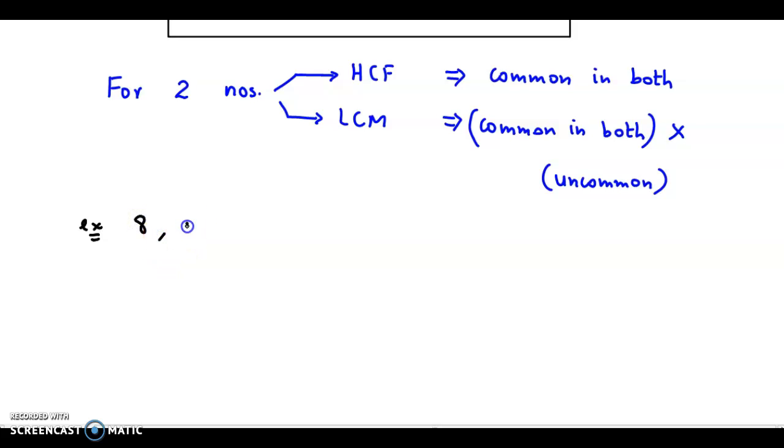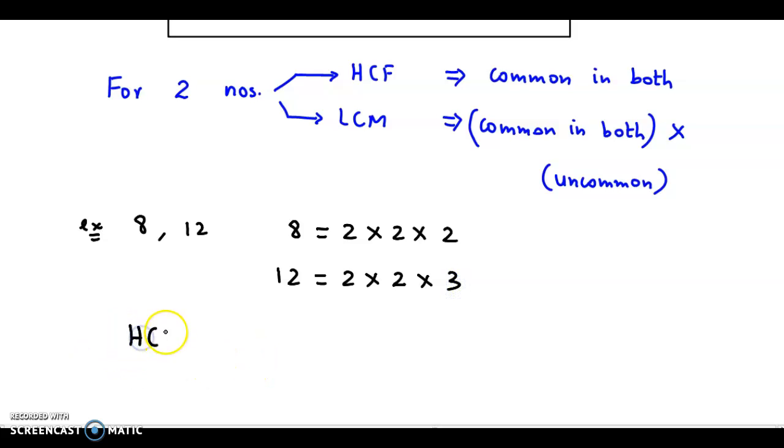Okay, 8 and 12. So let us factorize 8 into its prime factors. That will be 2 into 2 into 2, and 12 could be factorized as 2 into 2, that's 4, into 3. Now we could easily obtain the HCF.